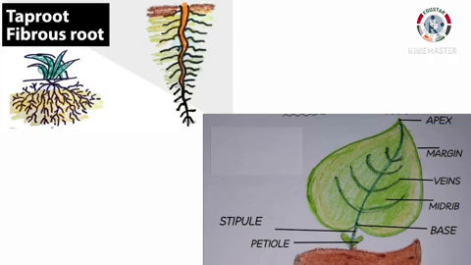Kids, also practice taproot and fibrous root, and the parts of a leaf diagram, in your rough note. Okay. Remember, you also have to label the parts neatly.